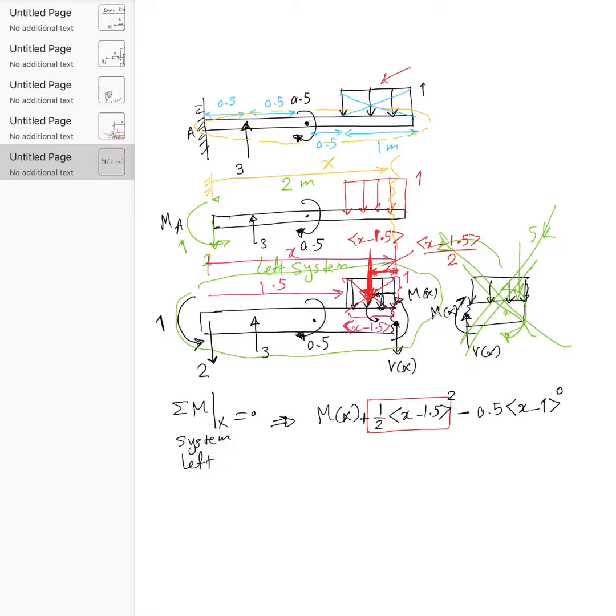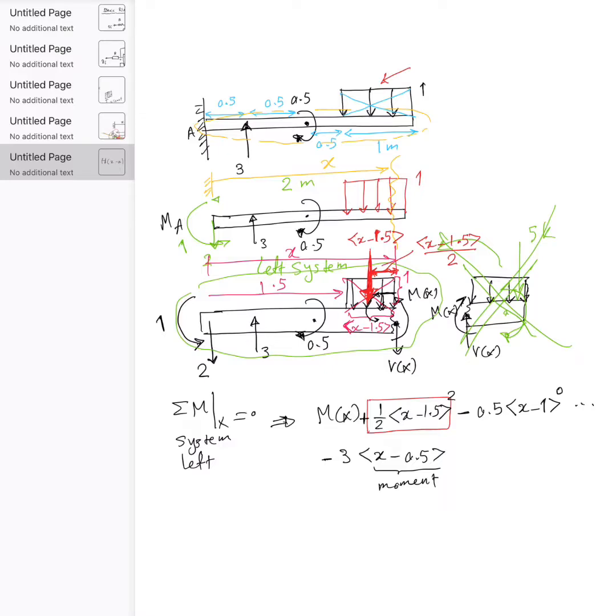So now the next thing is the 3. For the 3, I continue, write it in the next line. For the 3, I say 3 times Heaviside x minus 0.5 to the power 1, because that's exactly the moment arm for the force 3, and its direction is also negative. Now I go to the couple moment in the wall.